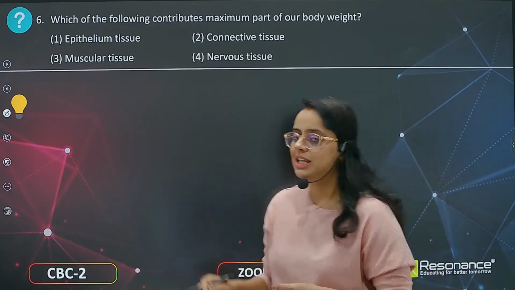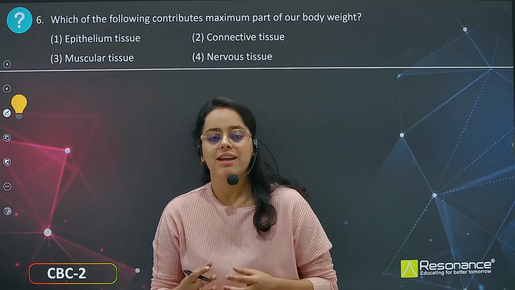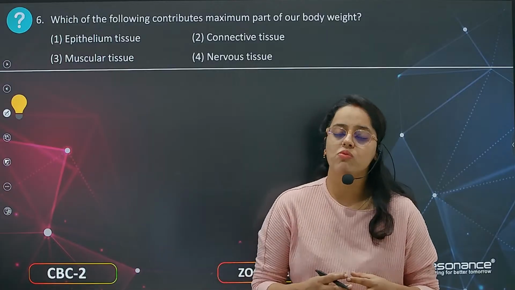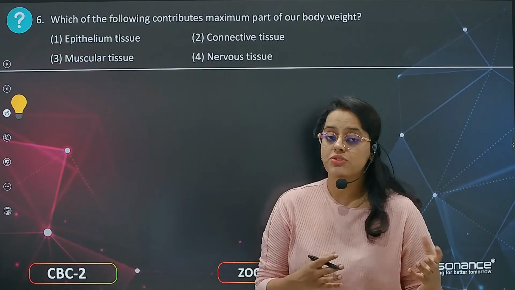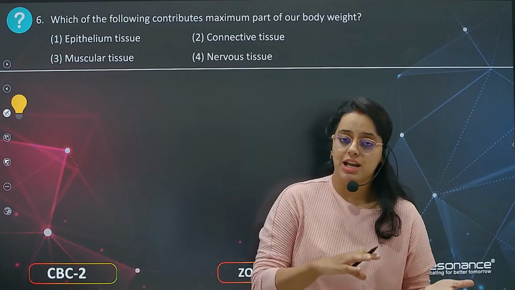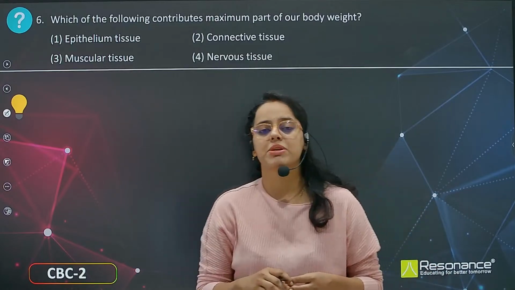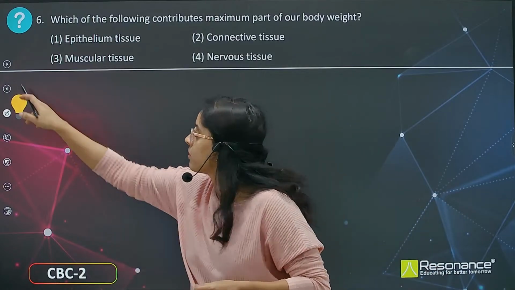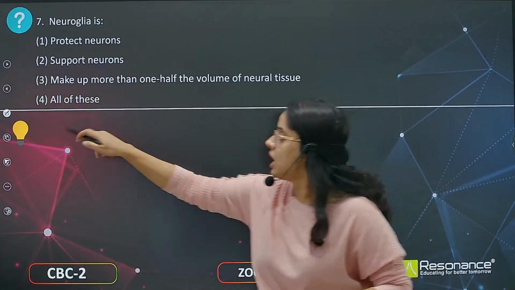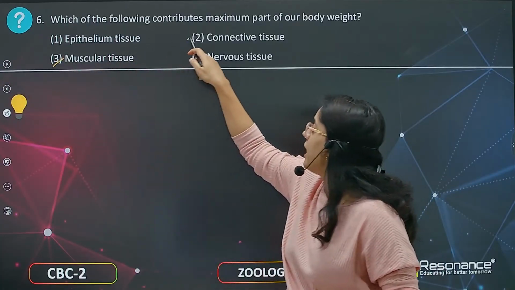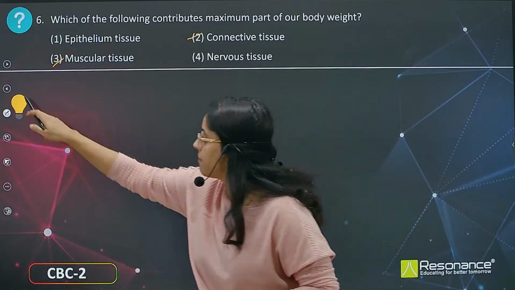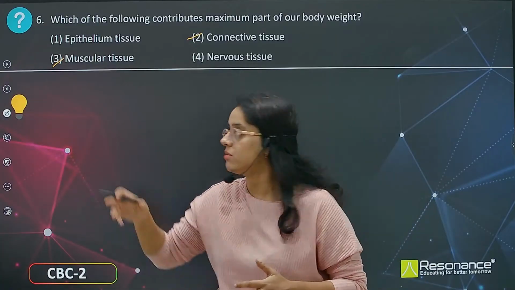Epithelial tissue is present in the lining and muscles are present wherever movement is required, because of muscular contraction and relaxation, whereas connective tissue is present throughout the body. So here the answer can be both, muscular and connective actually. They form the maximum part of the body weight.